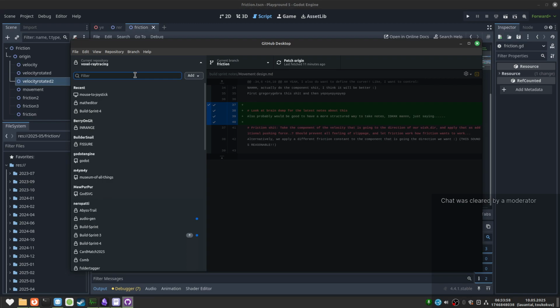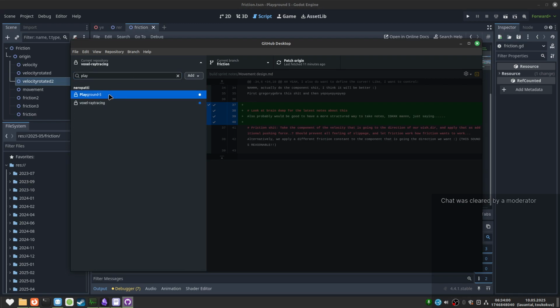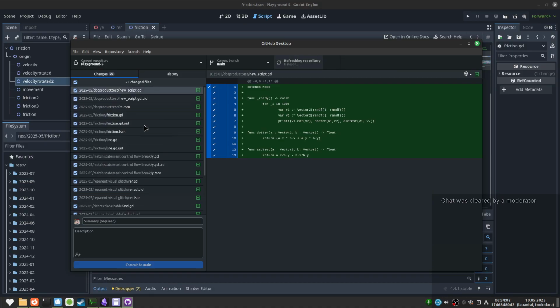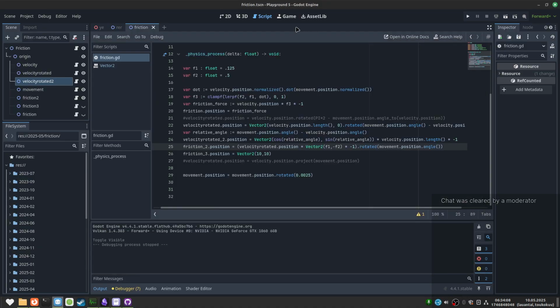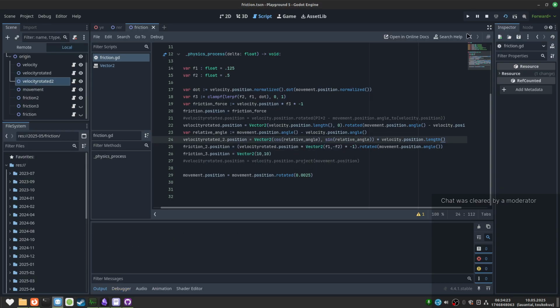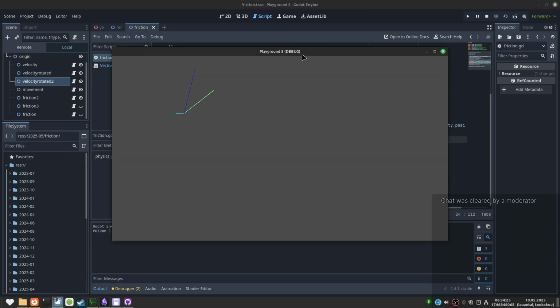We have playground, a lot of stuff. Here we go. Now we have this state, and now I can modify this and not really be worried. But I'll keep this the same, just so it's easier to handle.